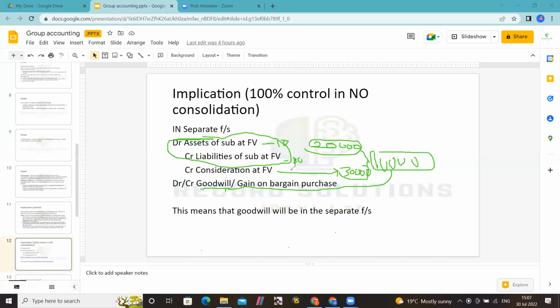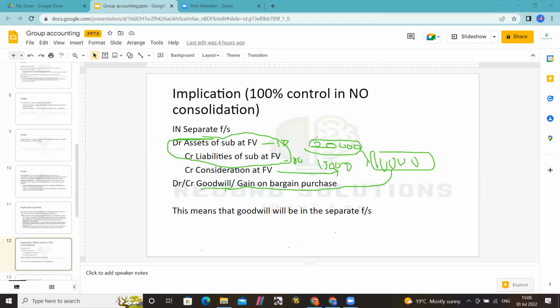Let me give you another example. Let's say the consideration this time was 15,000. So what does it mean? Do you see that the net identifiable assets are basically the value of the business? So you see a total value of the business according to the assets of 20,000.